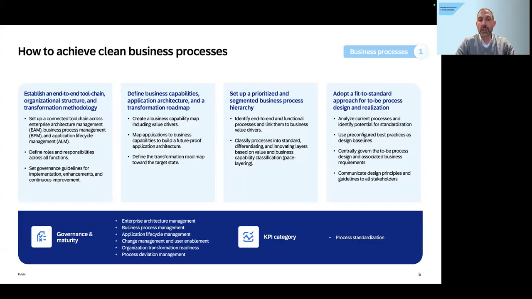Is it just a simple configuration, which would be classified as a fit that you can do with configuration, or is there a profound gap that requires development, and does that development activity result in additional technical debt? That is essential in order to drive a clean core at scale and also to establish governance in the organization.